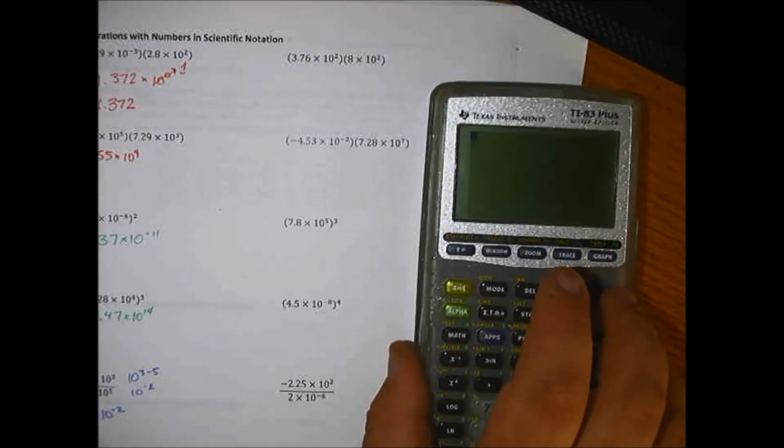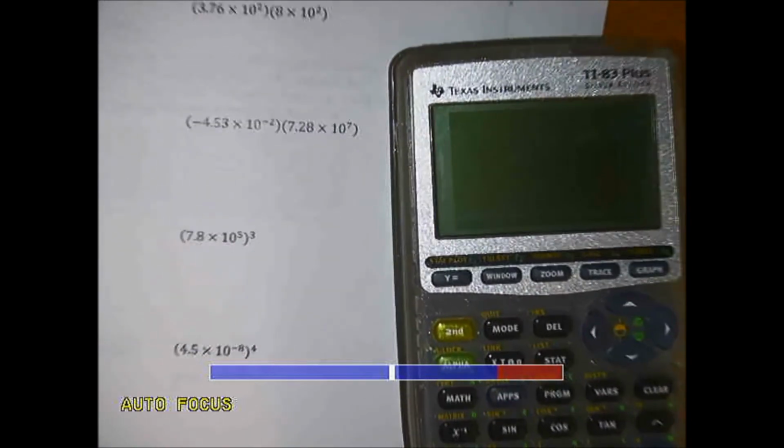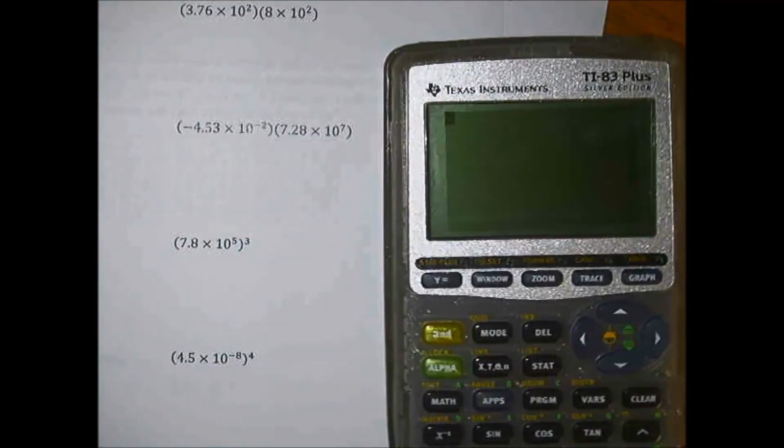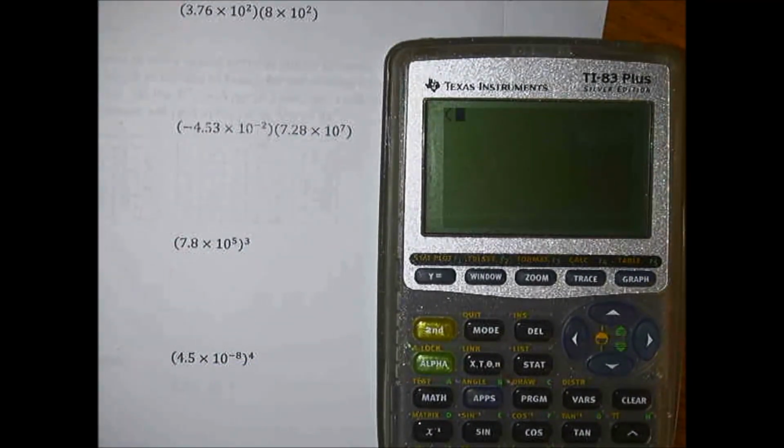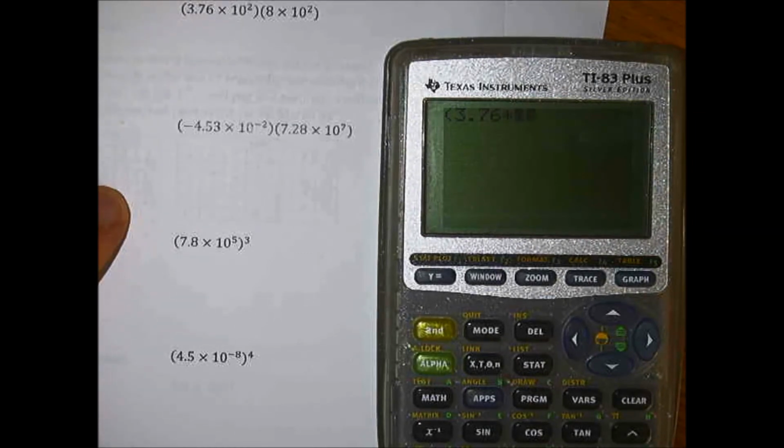Okay, welcome back. Hopefully you had a chance to get those done. And for me, I would just use a calculator. Again, as long as you type it in correctly, you're going to get the right answer. So 3.76 times 10, I'm just going to use the squared button.